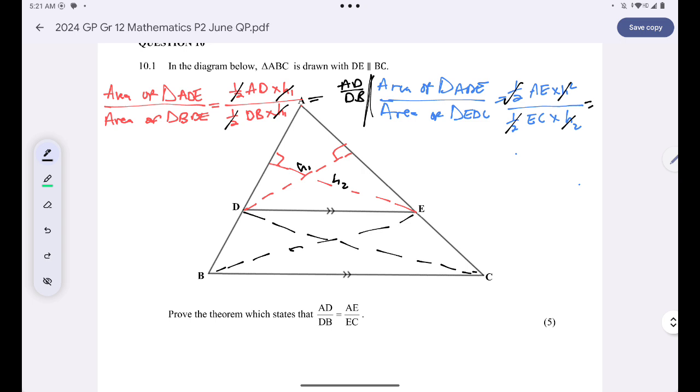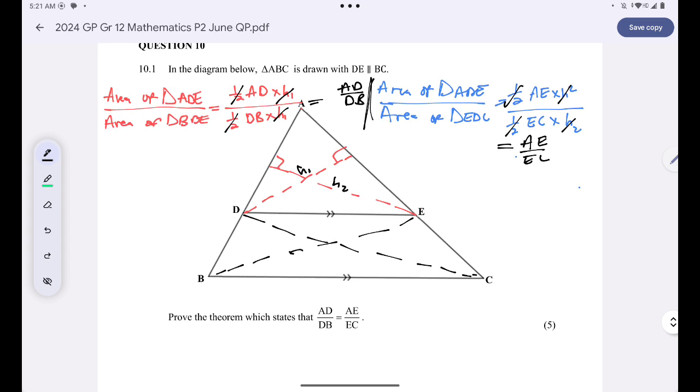So simply means that the quotient of the areas is equal to AE over EC, right? Okay. But if we can check, guys, here we spoke about the area of triangle ADE. We also spoke about the area of triangle ADE, right?